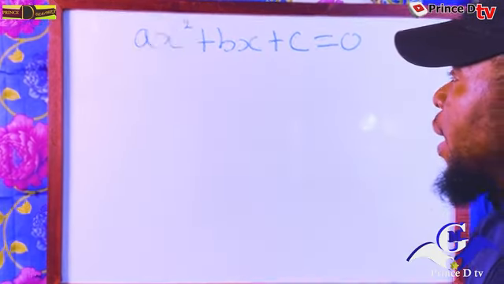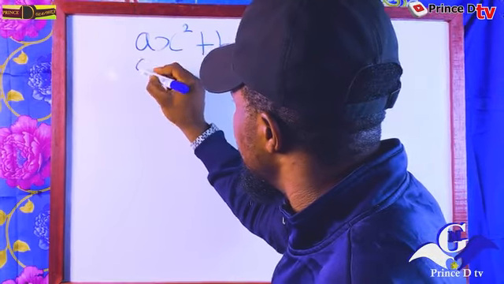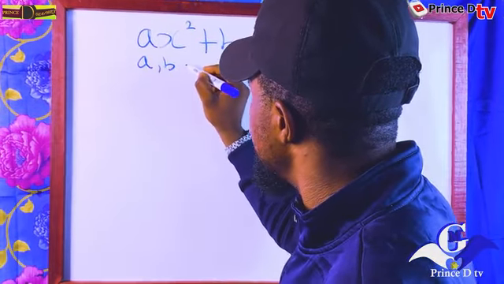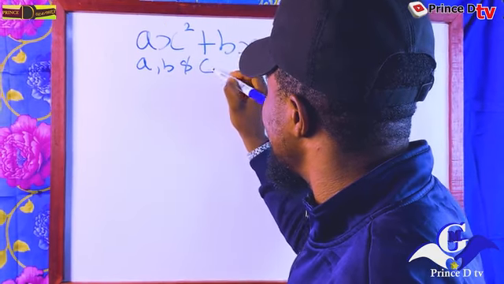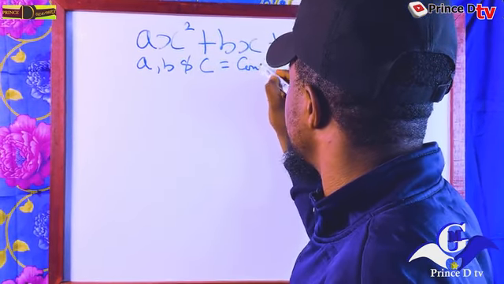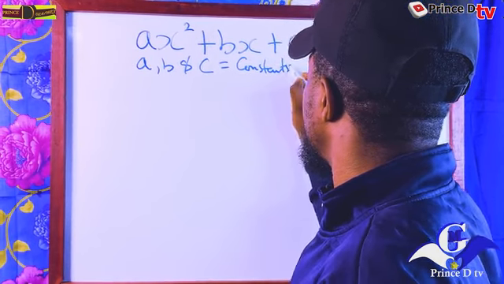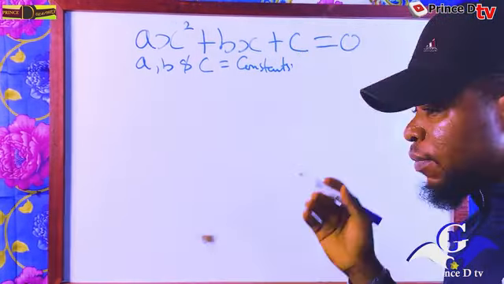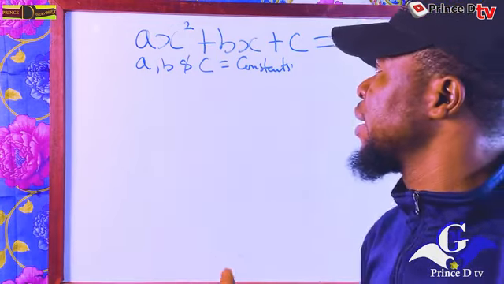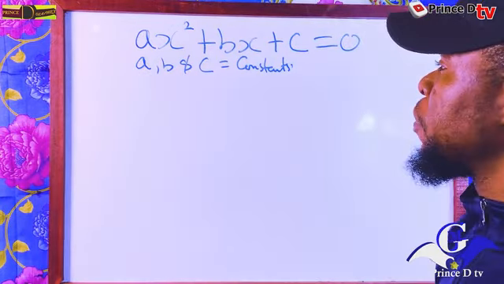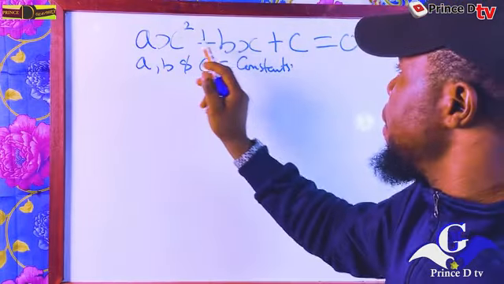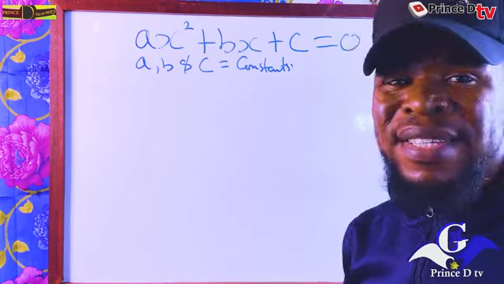Like I told you earlier, a, b, and c are constants. Now let's understand this general form. A, B, and C are constants.